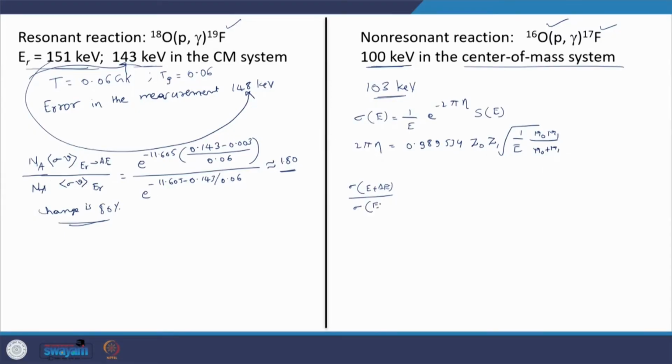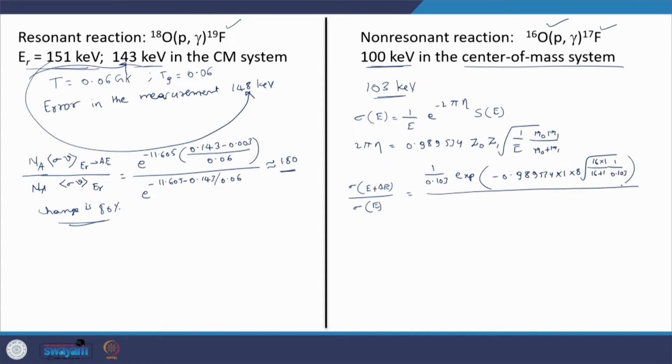In the denominator you have sigma as a function of E. So, 1 by energy is here 1.103 and exponential, if you take minus 0.989534, okay, and multiplied by 1 multiplied by 8, it is basically 16 multiplied by 1, 16 plus 1, 1 by 0.103.